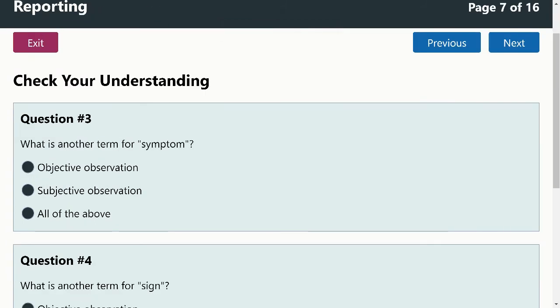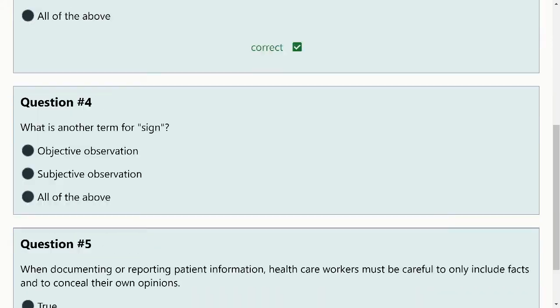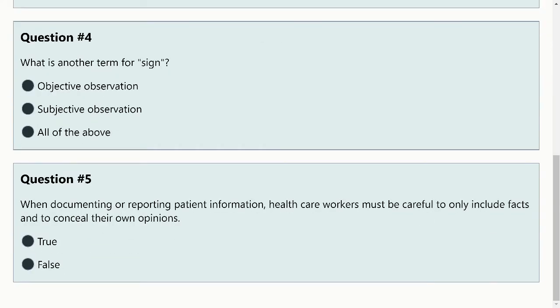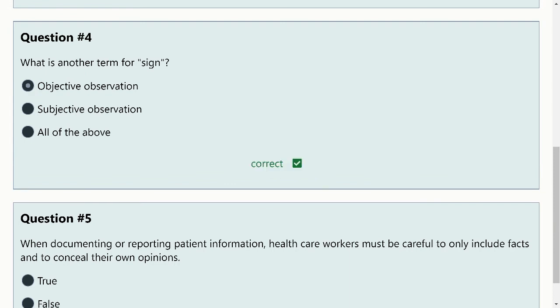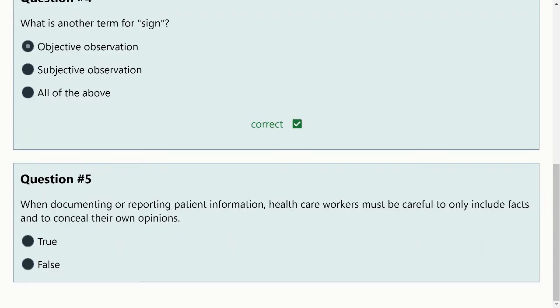Another word for symptom: subjective observation. Another term for sign: objective. When documenting or reporting patient information, healthcare workers must be careful to include only facts and not to consider their own opinions.